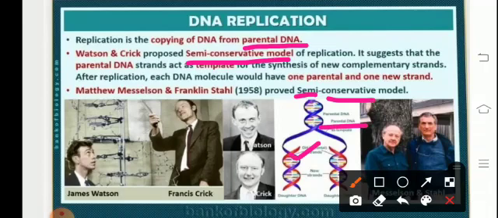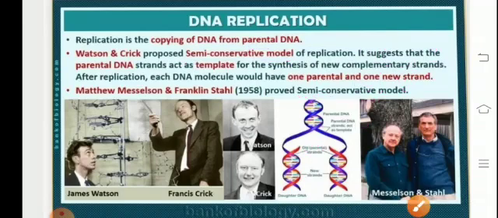So the base pairing is done, for example, A base pairs with T with the help of hydrogen bonds. G will base pair with C so as to form a triple bond. And thus a new strand, that is the complementary strand corresponding to the base pairs present on the template strand, is synthesized.